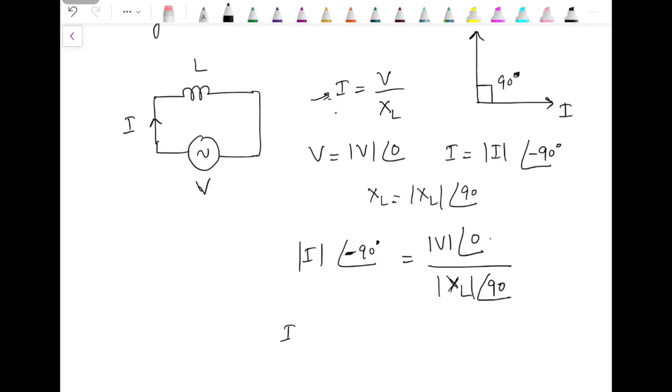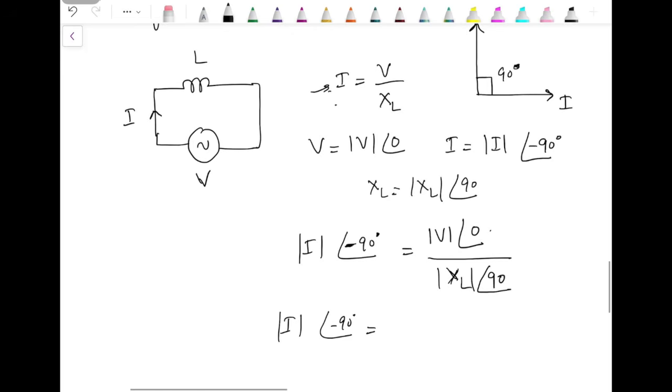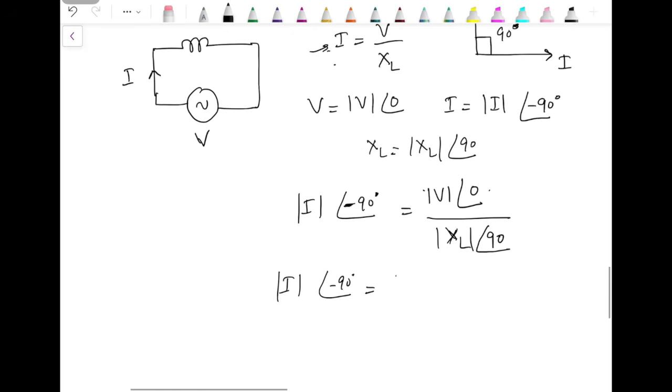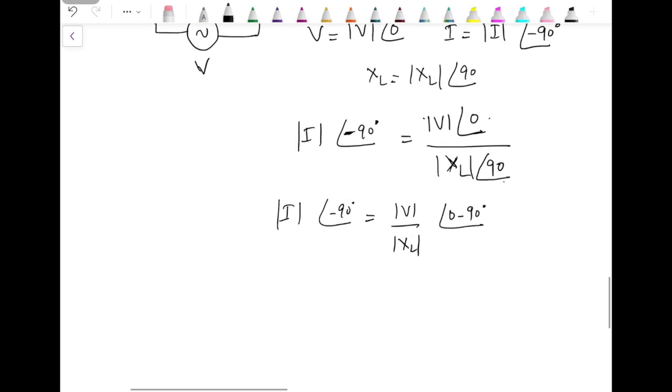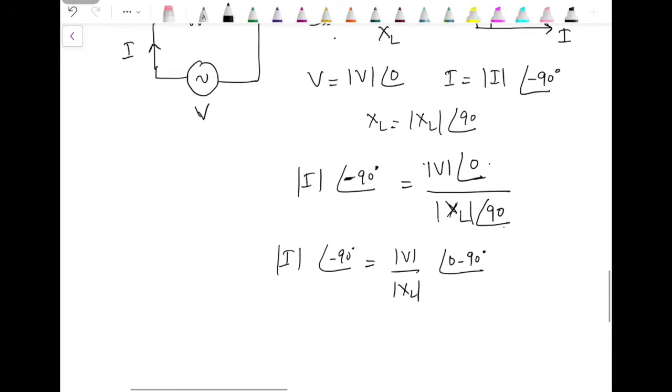In case of polar coordinates, the magnitudes get divided, V by XL. This will give us the magnitude of current, and the angle in the denominator will get subtracted from the angle in the numerator. So minus 90, that's how it gets balanced.